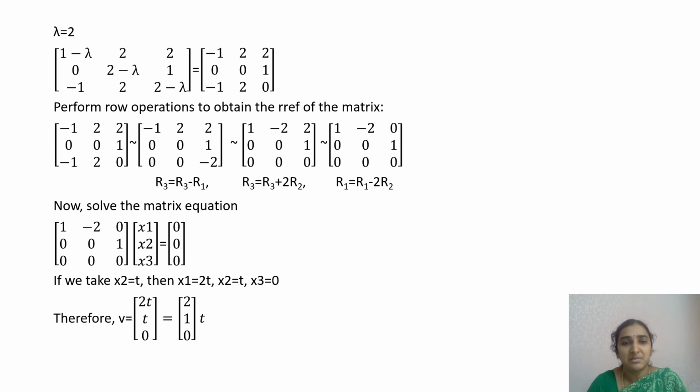Now solve the matrix equation [1 -2 0; 0 0 1; 0 0 0] multiplied with the column matrix x1, x2, x3, which would be equal to the column matrix 0, 0, 0. If we take x2 is equal to t, then x1 is equal to 2t, x2 is t and x3 is equal to 0. Therefore, our vectors would be 2t, t and 0.